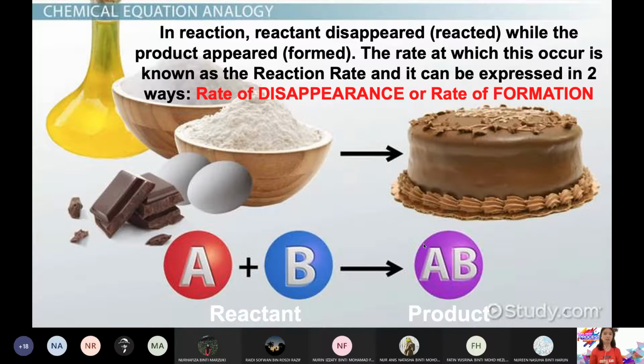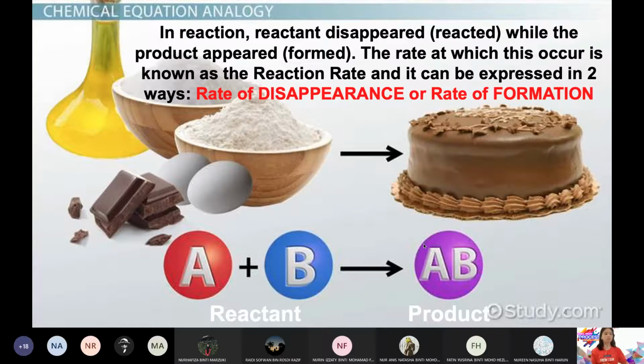Okay, so in these terms reaction rate, sebab reaction ada produk yang ada disappear, ada formation. So this rate of reaction, it can be expressed in terms of rate of disappearance or rate of formation. So kadar tindak balas, rate of reaction can be expressed either rate of formation or rate of disappearance.